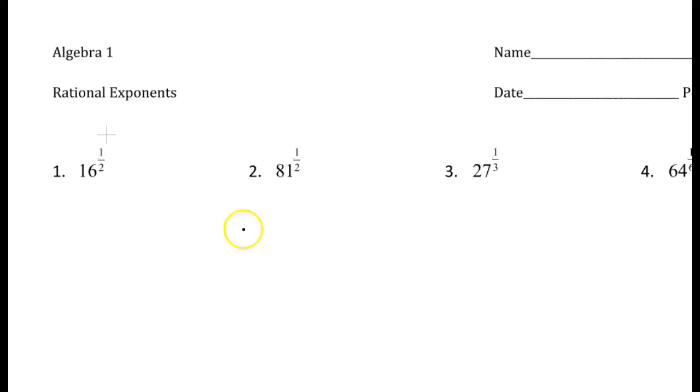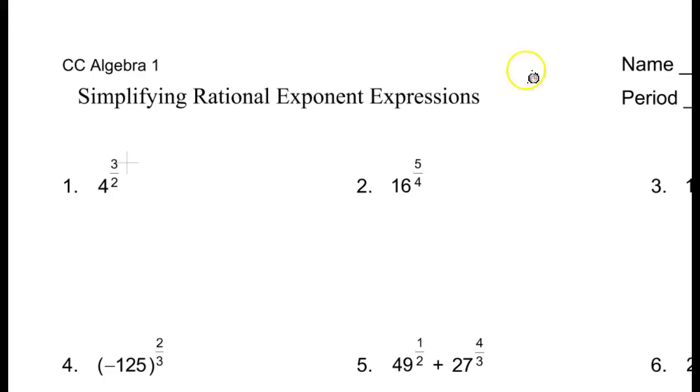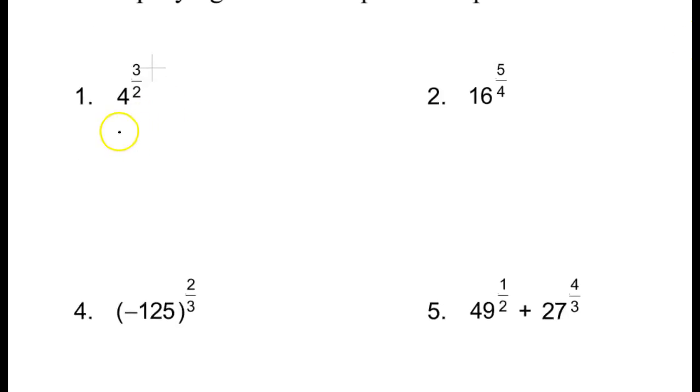For instance, if I give you 4 to the 3/2, go ahead and break that up. Take the 3 out and put it up there, and then leave a 1/2 on the inside. So we're going to have 4 to the 1/2, 2 to the 3rd power.